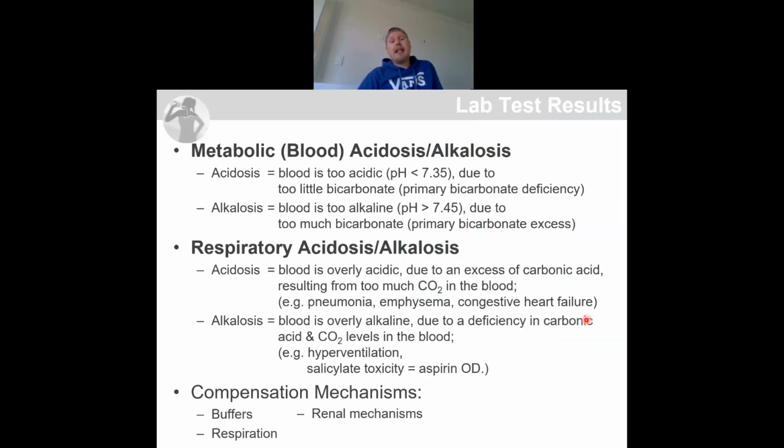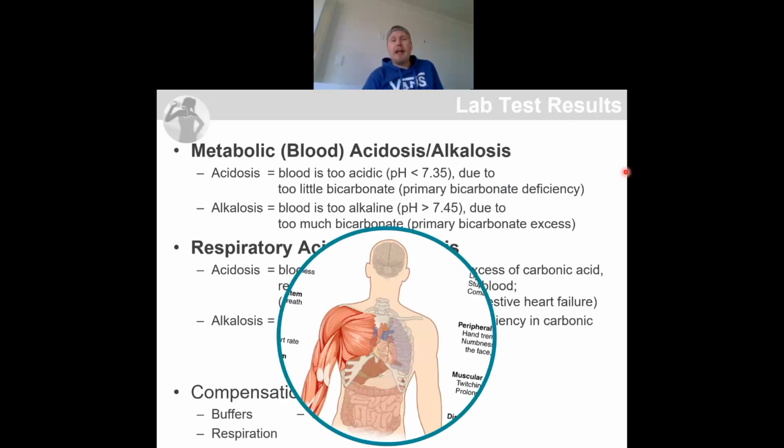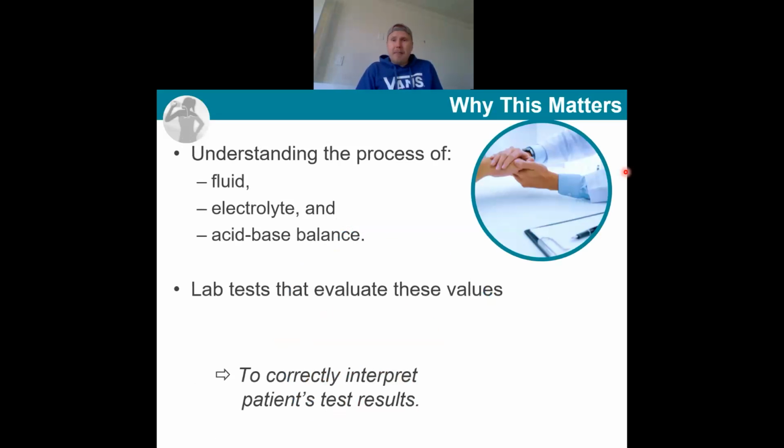The other thing that touches upon why this is important, we can have issues of too high or too low pH. So those would be some things that we could consider, and we touch upon that at the end as well. But really, why does all this matter?